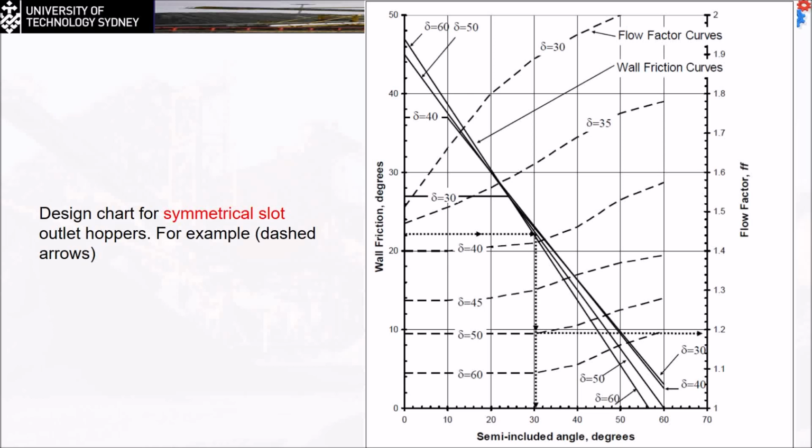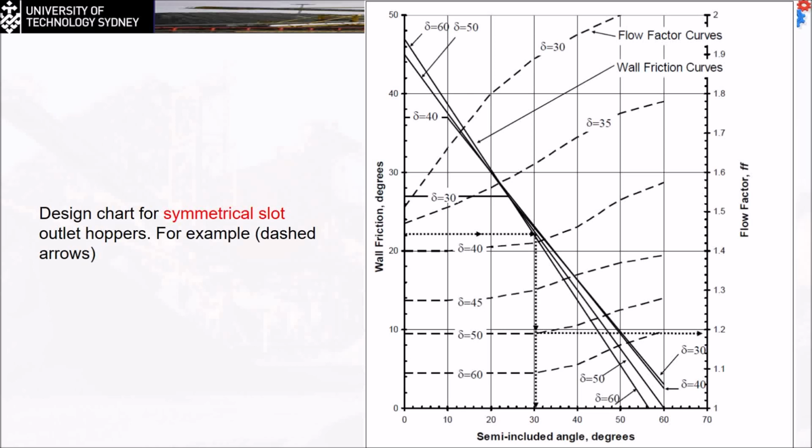From here, I will go up to the same value of the delta I chose here. For example, that was 50 in this example, so not 30. So going here, intersect with the 50, going down, find the value of theta. Going up once again, intersect with the 50, then go to the right, sorry, to find the value of the FF. I'm going to show you an interactive method to do that in the example.